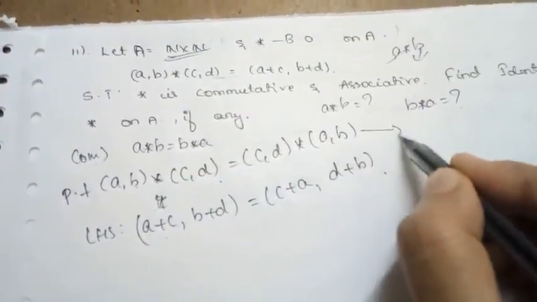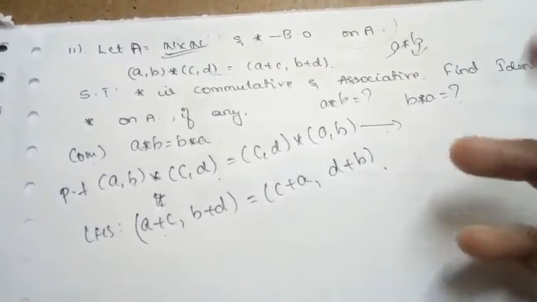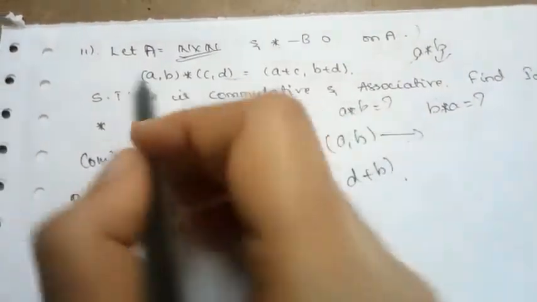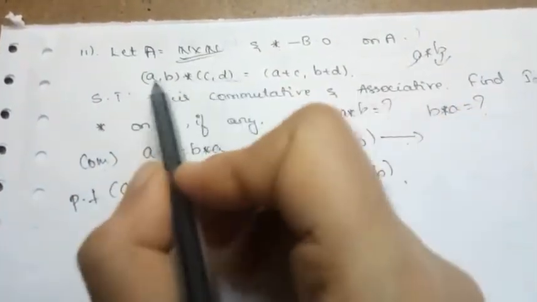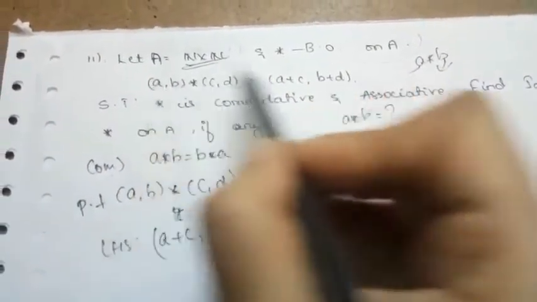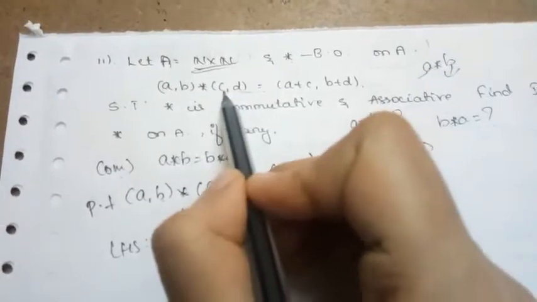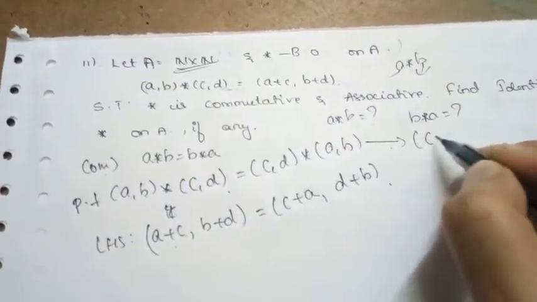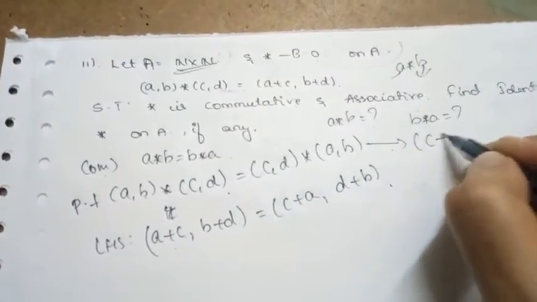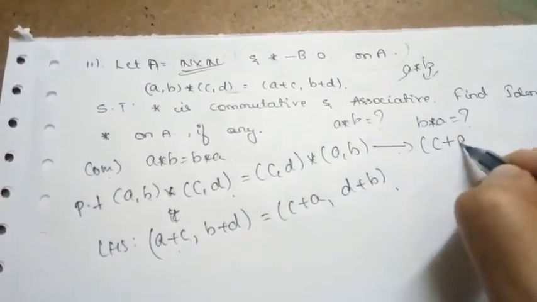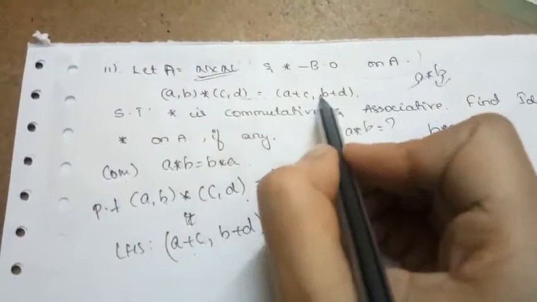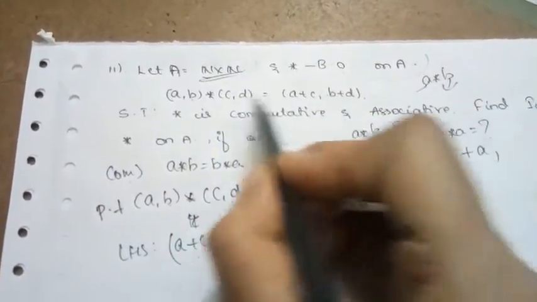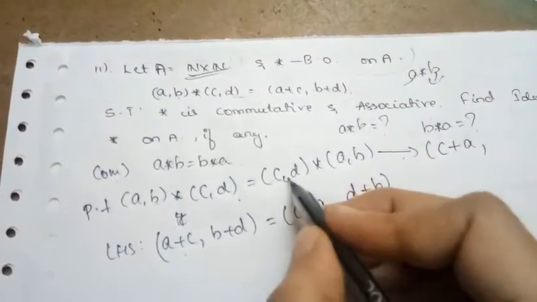Suppose for your idea you write c comma d star a comma b. a comma b star c comma d means first element of the first ordered pair plus first element of the second ordered pair, comma, second element of the first ordered pair plus second element of the second ordered pair.